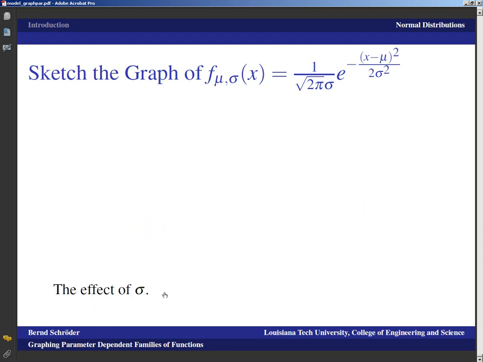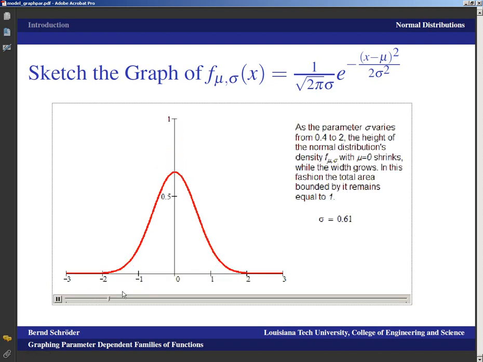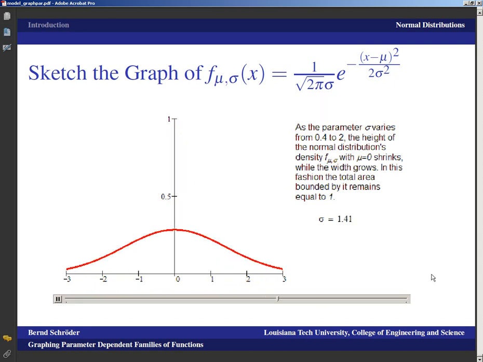And similarly, the effect of sigma was, well, sigma is where those inflection points are located, and so if sigma is small, they're close together, which means that the bell is very narrow and tall, because we're dividing by sigma here, which gives us a tall shape in the middle. Whereas when sigma gets large, this thing gets flatter, but because the inflection points move farther apart, it also gets wider, and that's what this animation shows here, that as sigma increases, this thing gets flatter and wider. It keeps spreading out. And well, that's already it.